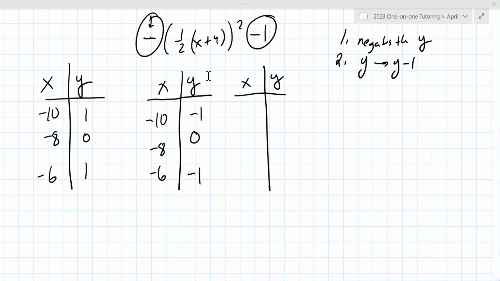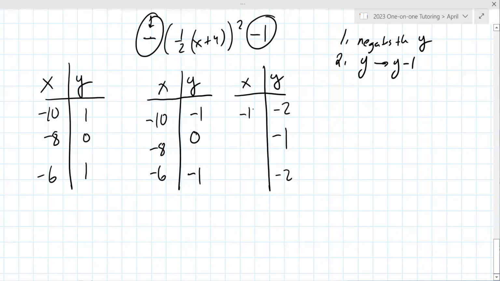Yeah, you've got to now subtract 1 from each y. Okay, 1 minus 1. It's -1. -1 minus 1 is 2. Try again. Nope. -2. Yes. And 0 minus 1 is -1. Good. -1 minus 1 is -2.